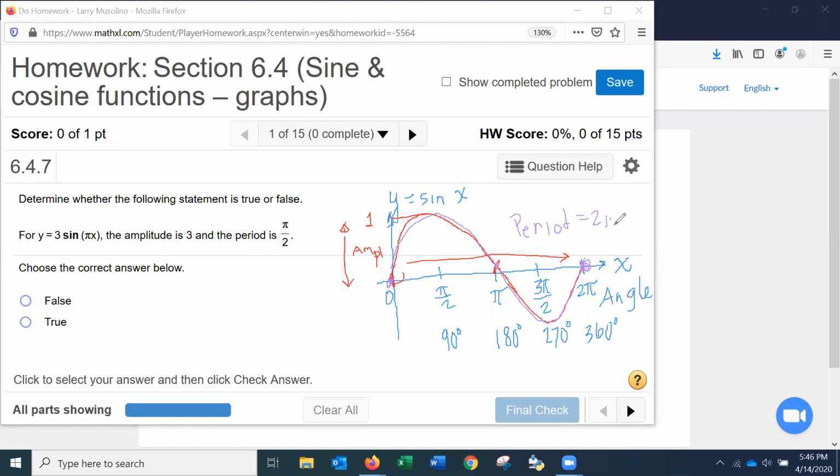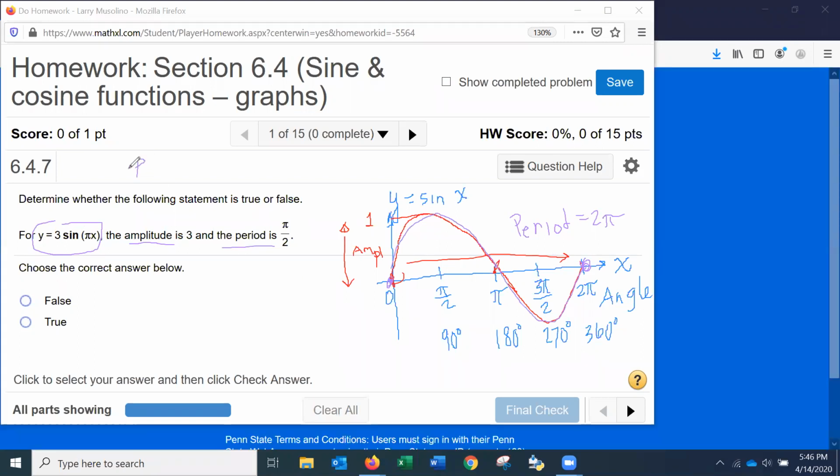All right, but we want to look at the example they're giving us, which is y equals 3 sine pi x. And we want to know what is the amplitude and what is the period. Well, it turns out if you go to page 412 in the textbook, it gives you a sine wave that looks like this.